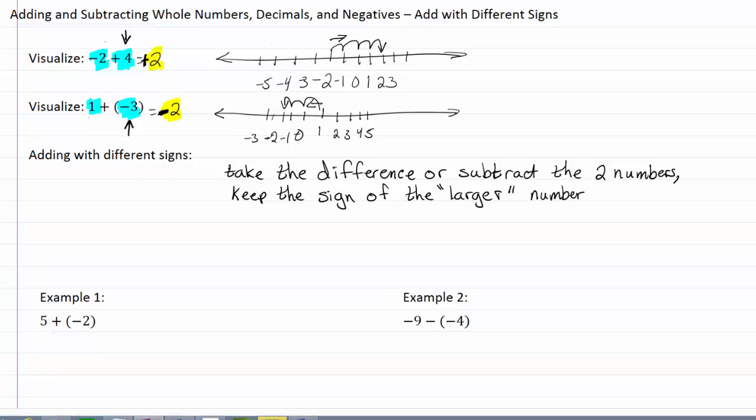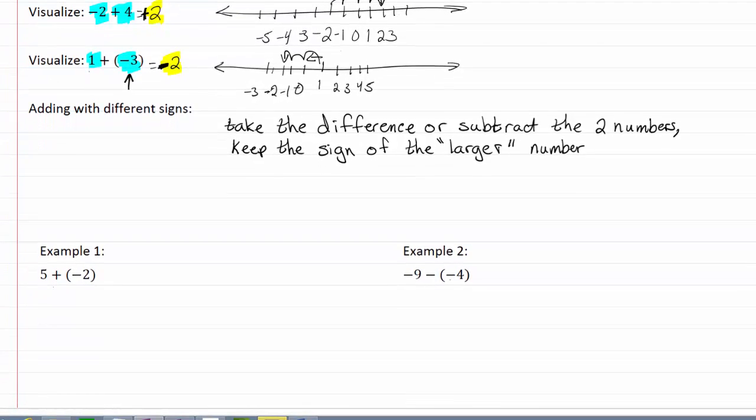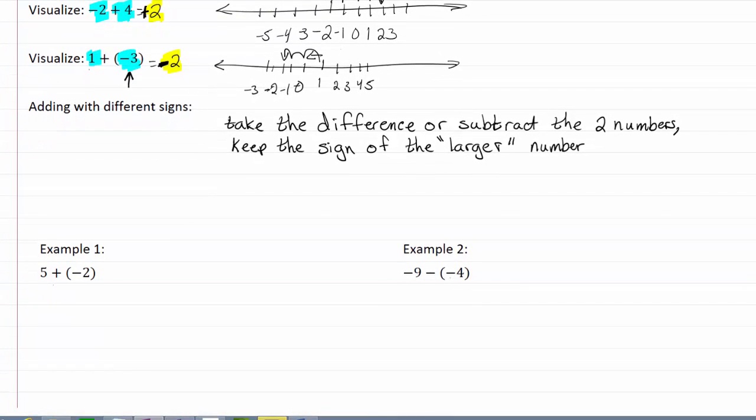Now I have that in quotes because technically -3 is smaller than 1, but the distance from 0 is bigger. So when we're talking about the larger number, we're talking about which one is farther from 0.